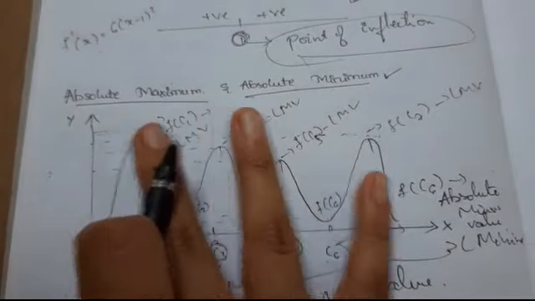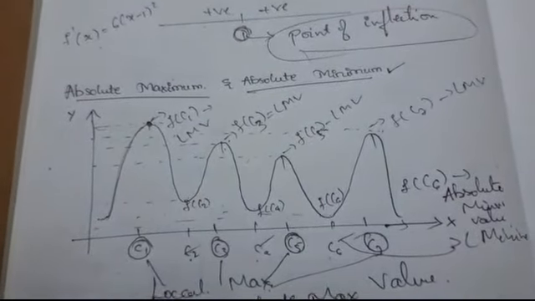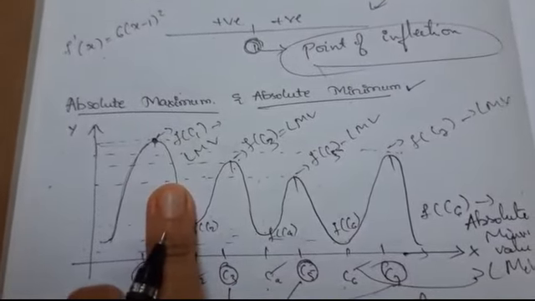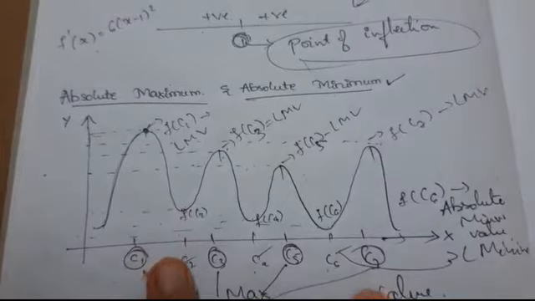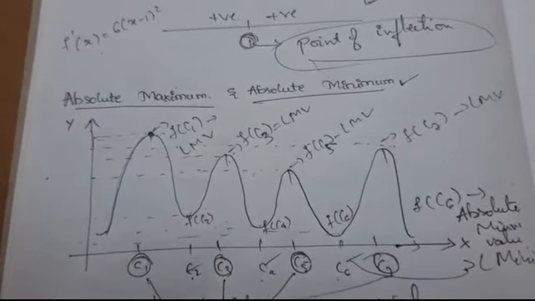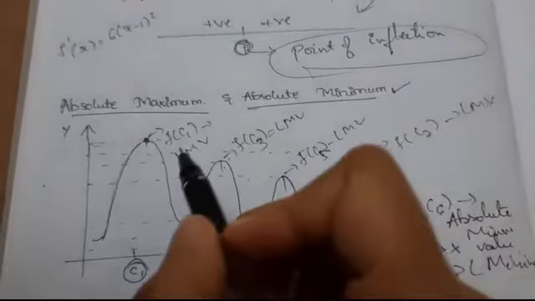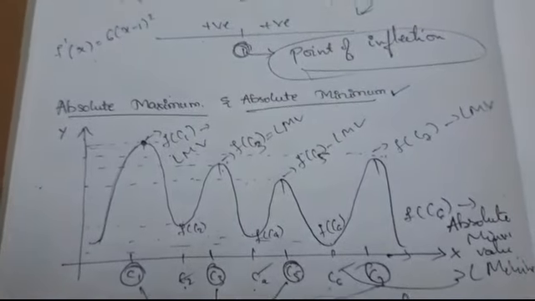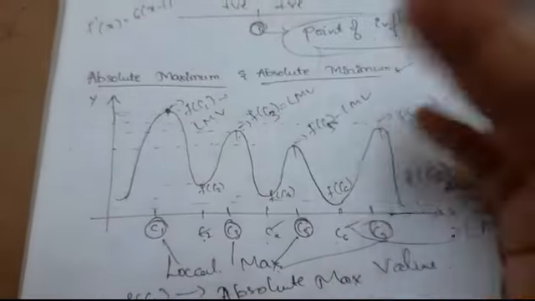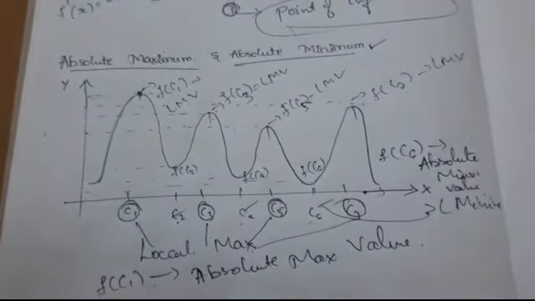Similarly, out of all local maximum values, one local maximum value will become the absolute maximum value within the given interval if that local maximum value is the maximum among all the local maximum values, then that value will become the absolute maximum value. So this is an idea regarding the absolute maximum and absolute minimum value.